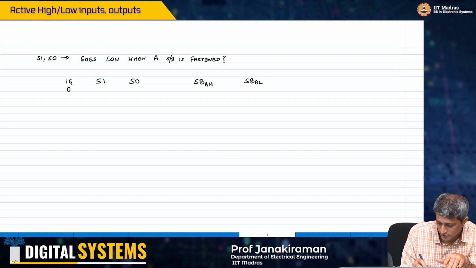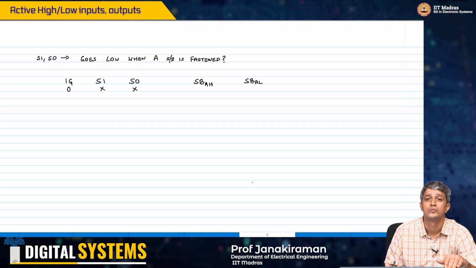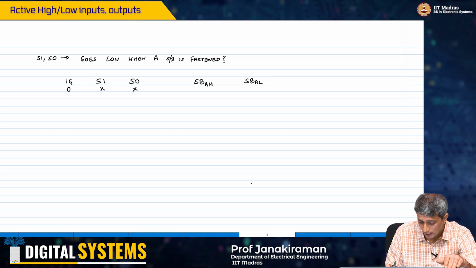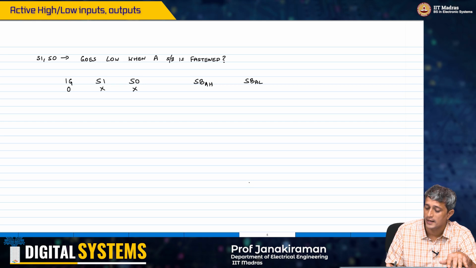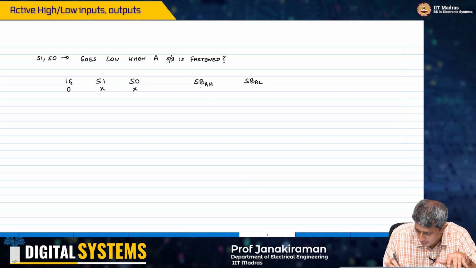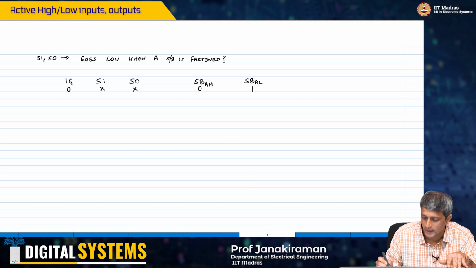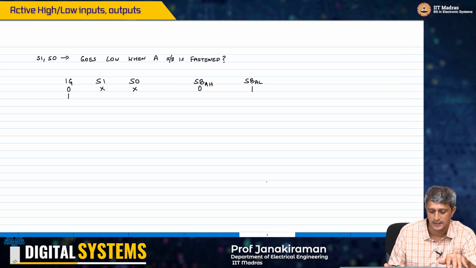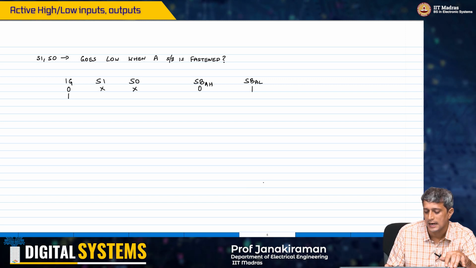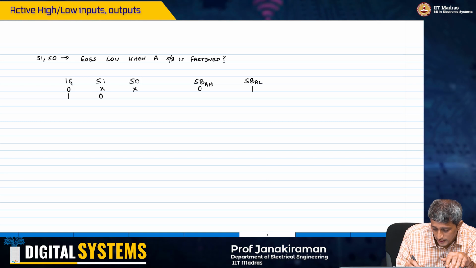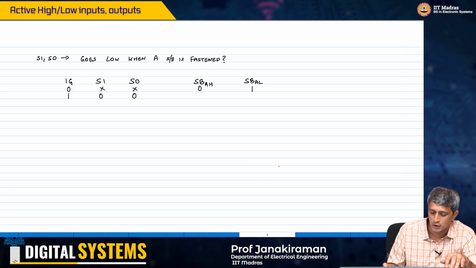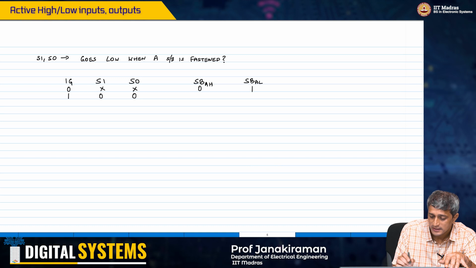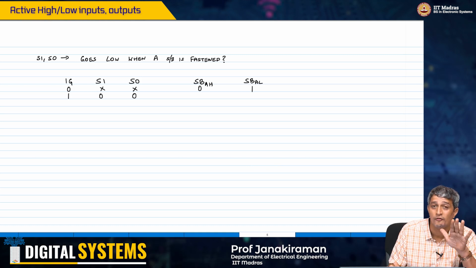So again, ignition is 0, it does not matter what these two inputs are, ignition is 0, and therefore the active high case should be 0, active low case should be 1. Okay, ignition is high, right, that is car has been turned on, and now you are looking at 0 0, right? So 0 0 is the case when the seat belt is fastened.